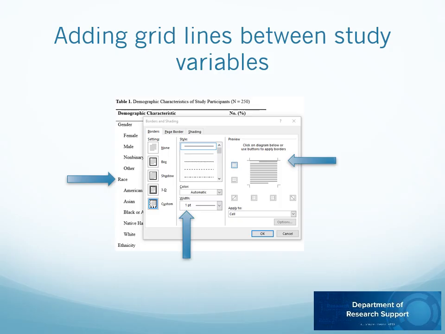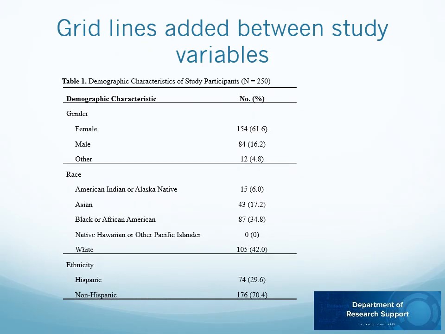In this example, we will add horizontal grid lines before the race and ethnicity study variables. As shown in the image, the row for the race variable is being modified to have a horizontal line at the top of the row. In this example table, the grid lines have been added between the study variables.